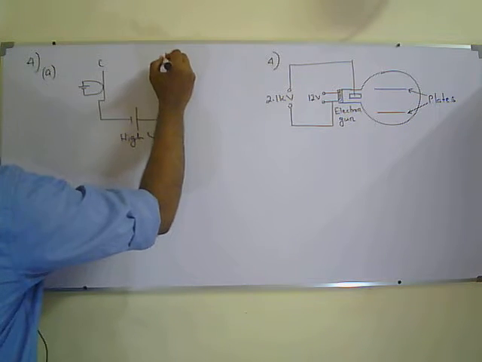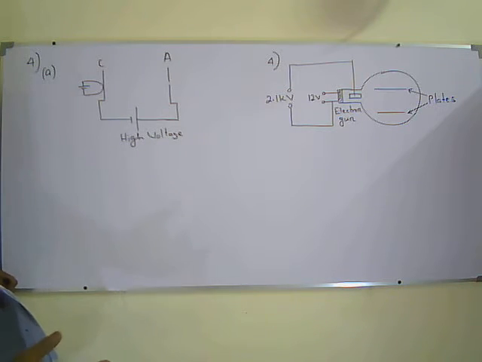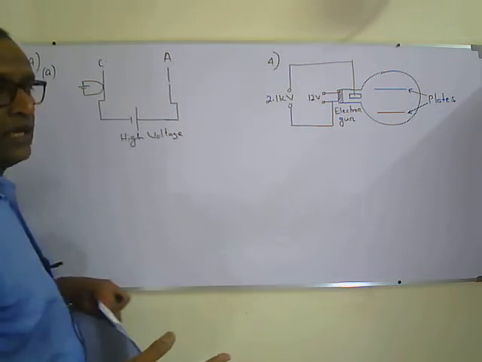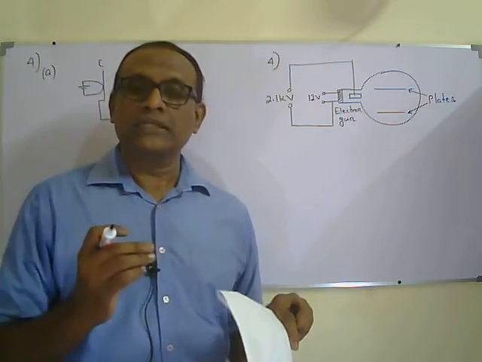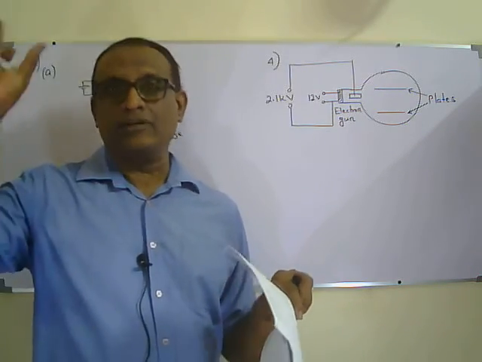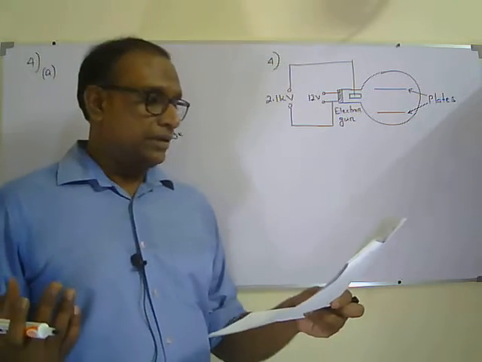So this is cathode, this is anode. Electrons will be emitted from the cathode due to thermionic emission. Thermionic emission means when a metal such as tungsten is heated, electrons absorb the thermal energy, they vibrate and they are released.